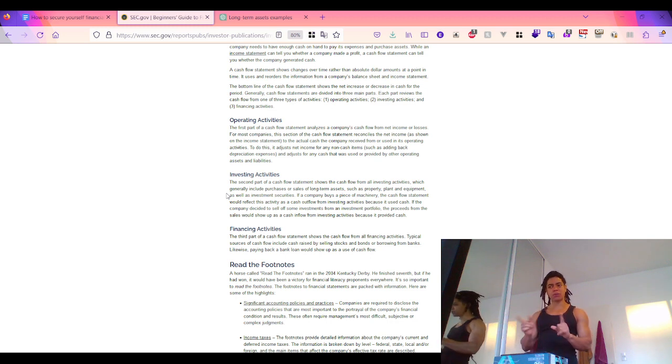So the most common examples in financing activities are issuing equity, so a company selling common stocks. For example, what happens in an initial public offering, the IPO.